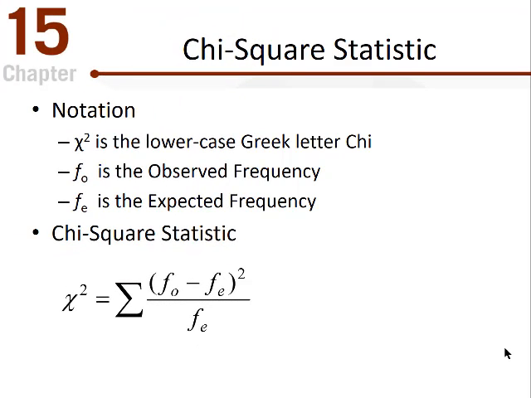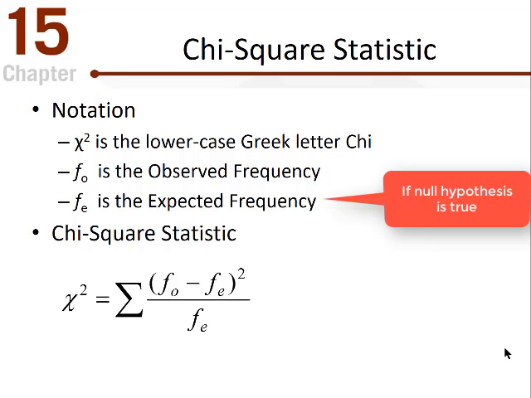We will have a few new notations for the chi-square. So chi-square, the lowercase Greek letter chi. And we will have FO for the observed frequency and FE for expected frequency. But how does this chi-square work? First, we have to construct a table of the expected frequencies that are in perfect agreement with the null hypothesis.